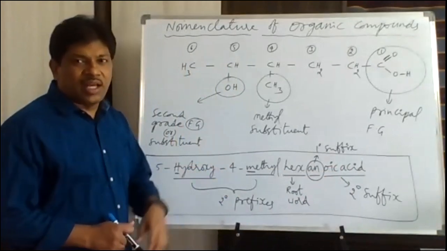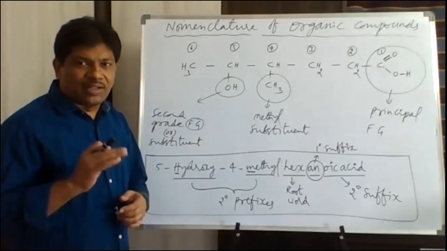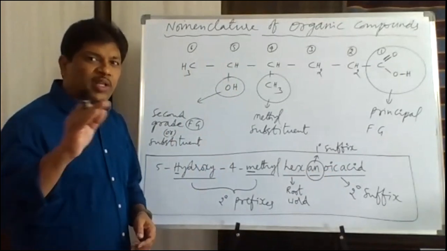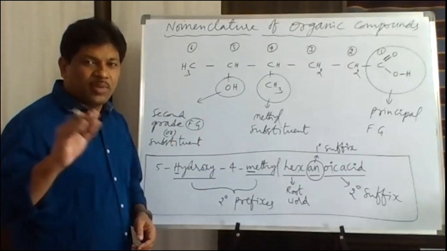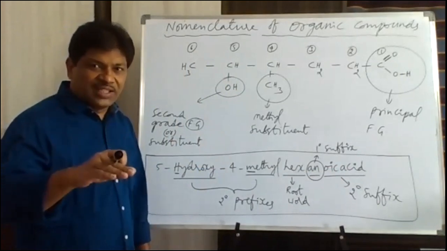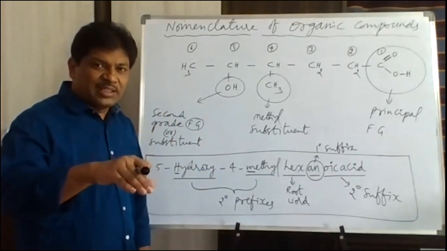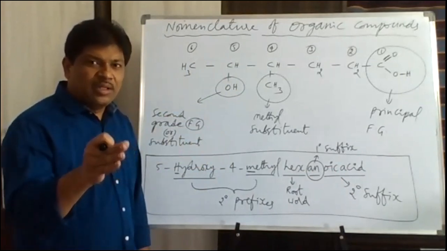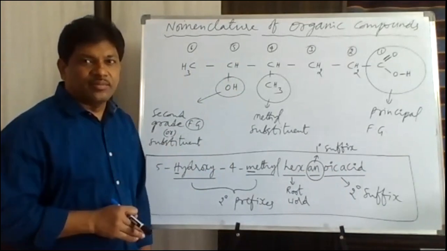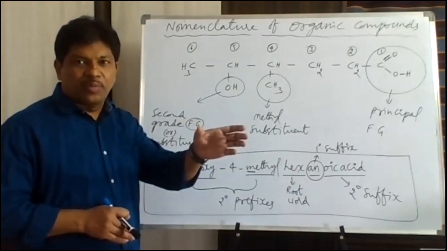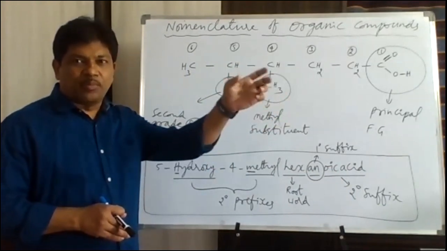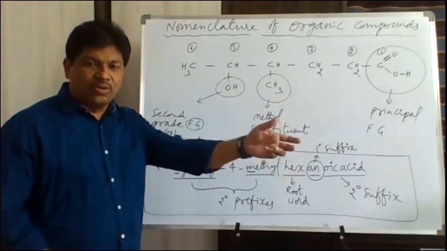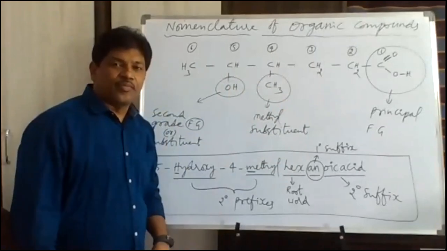In the previous session, I told you that there are different types of parts, like number prefixes and numerical prefixes, secondary prefixes and primary prefixes. The word root will be there in the IUPAC name, and sometimes a primary suffix after the word root, then a secondary suffix.